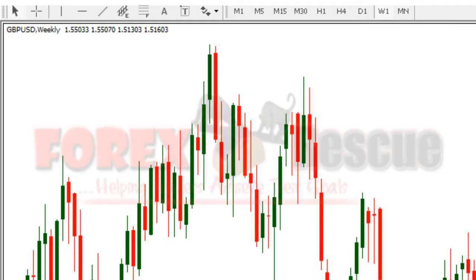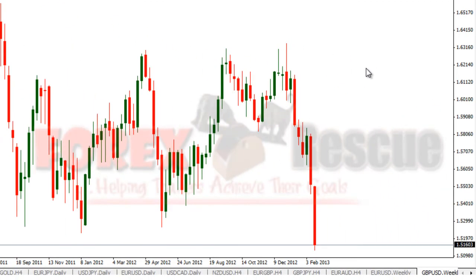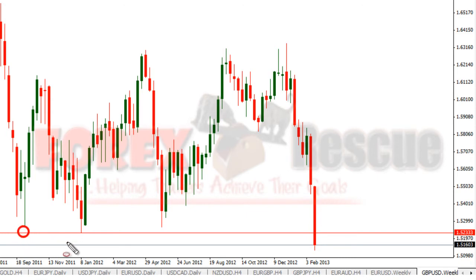This is the pounds USD weekly time frame. Now, if you look at this pair, you discover there are multiple areas of support around here. You can see this area has been tested almost 3 times. One here, here, here.